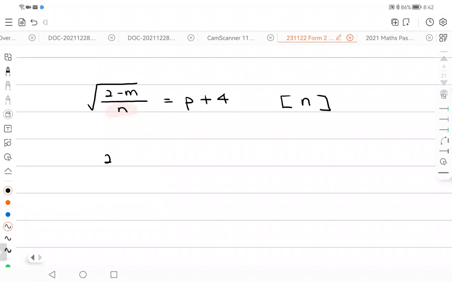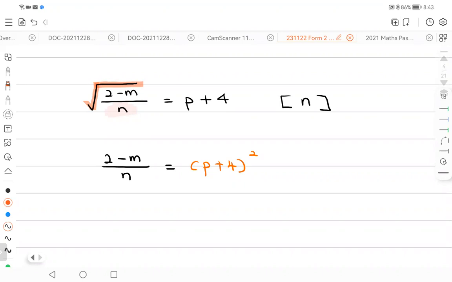So it will be 2 minus m over n equal to, insert the bracket, p plus 4, then square. The square root has moved over to the right side and becomes square. So this is a common mistake. You must remember, if there is a group on one side, then you insert the bracket.